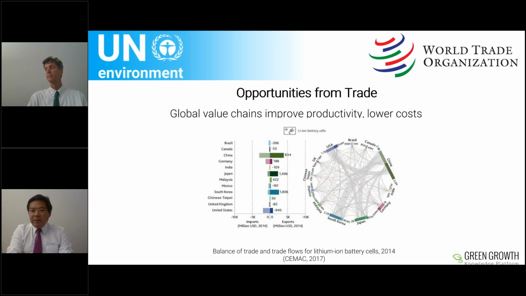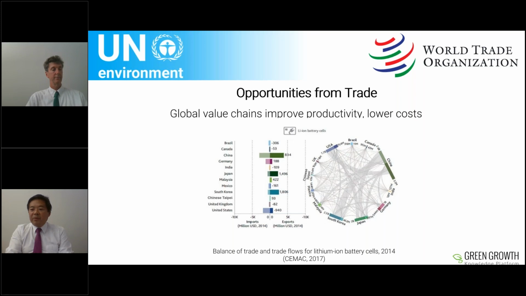Some of the reasons why electric vehicles have fallen in price have to do with the fact that batteries have fallen in price. And again, why do batteries reduce in price? It's partly, again, economies of scale, and it relates back to trade. At the same time, there remain tariffs on batteries.